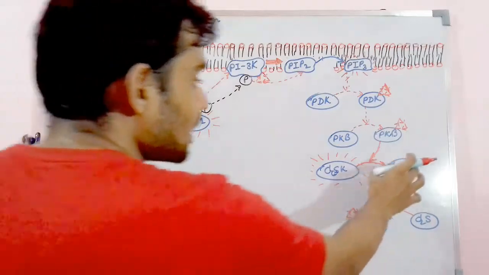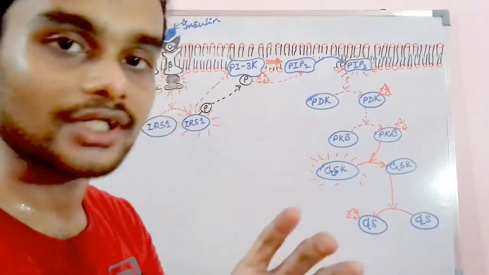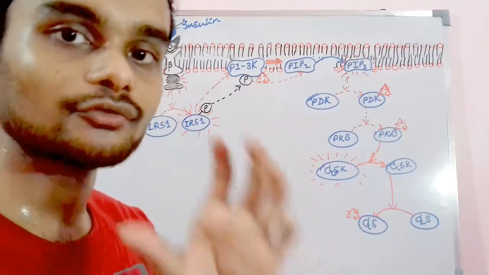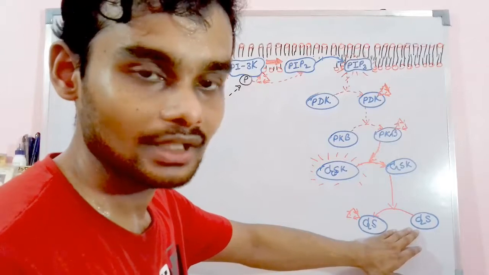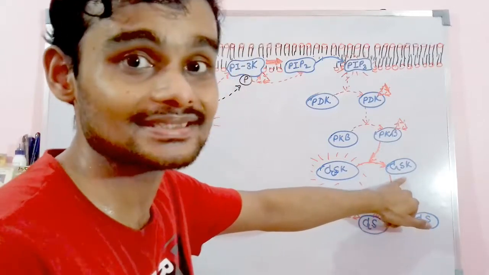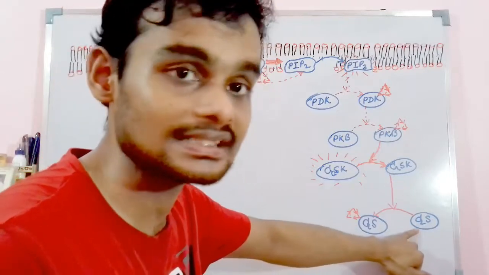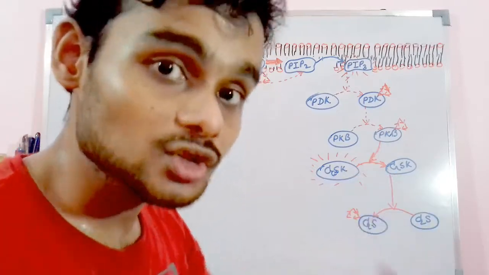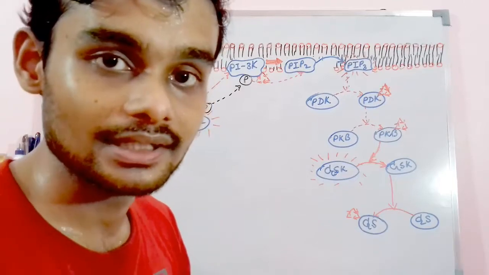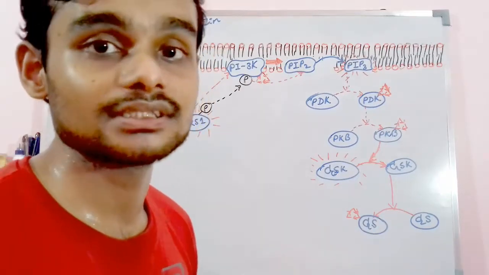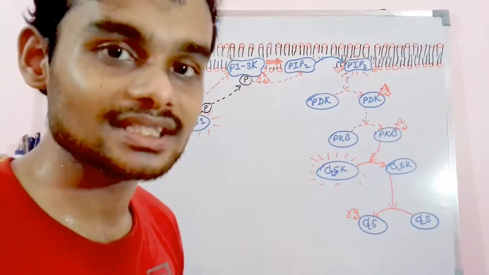Because the glycogen synthase kinase enzyme helps in transferring the phosphate atom to the glycogen synthase enzyme. Now, when the phosphate atom is transferred to the glycogen synthase, it gets phosphorylated. And what does the phosphorylated glycogen synthase do? It turns inactive.